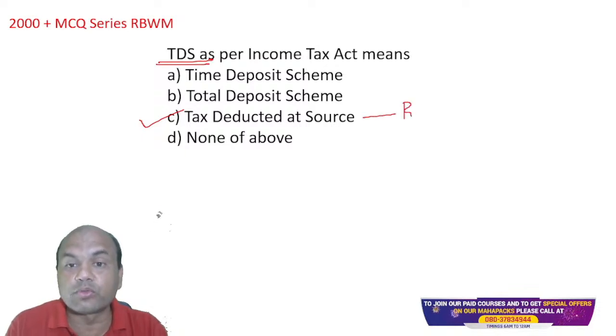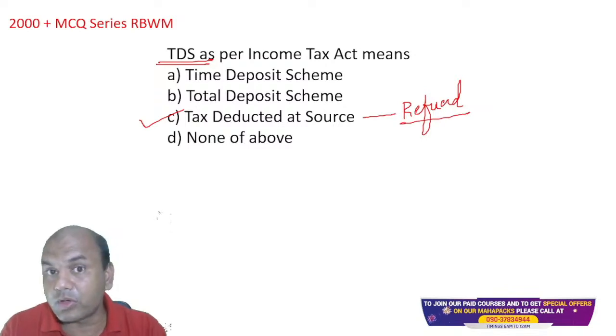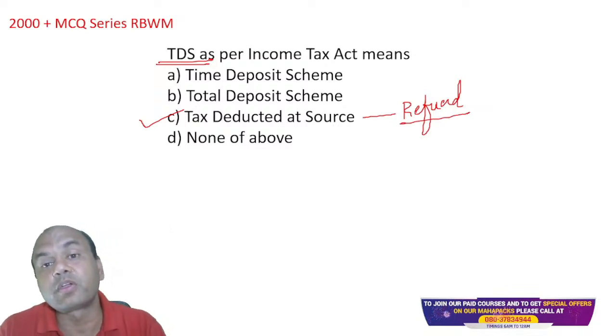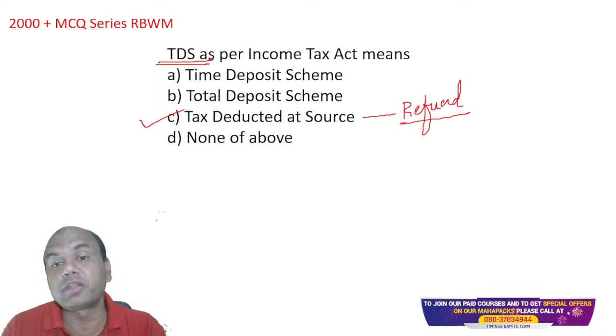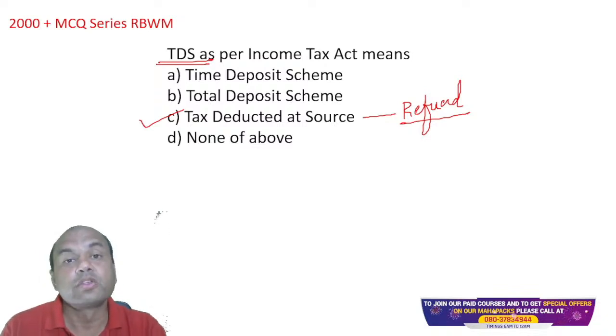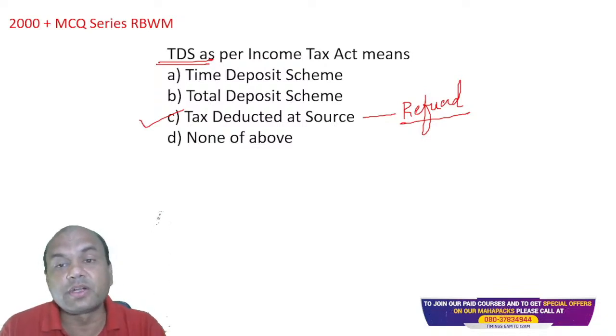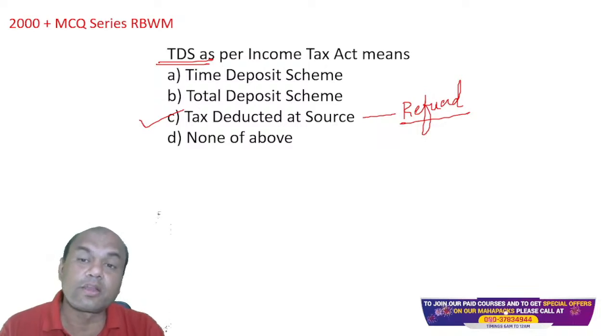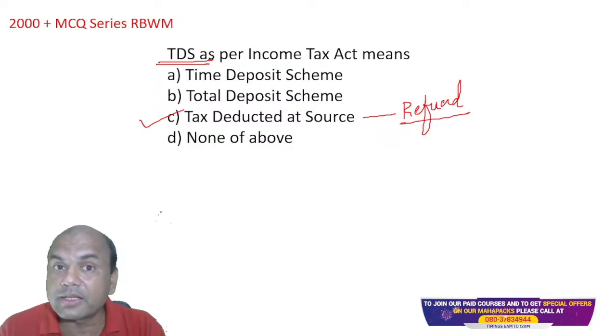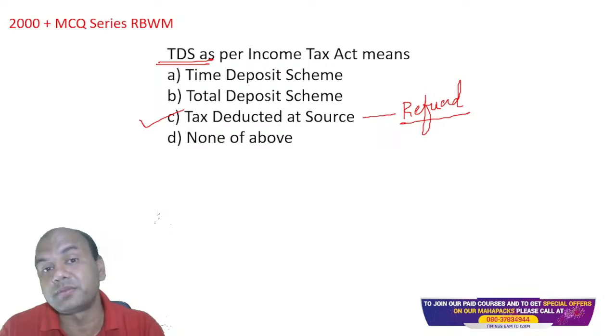How many of you file income tax returns? No, I'm not talking about Form 16, I'm talking about income tax returns. How many of you are filing? If you are filing the income tax returns, you will definitely get the refund. But if you are not filing, you are losing that money.